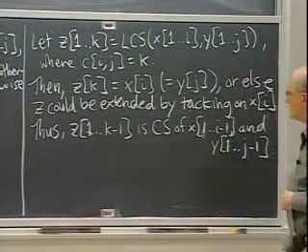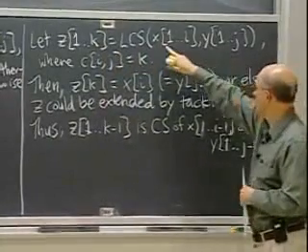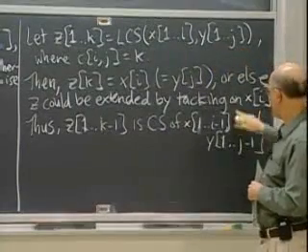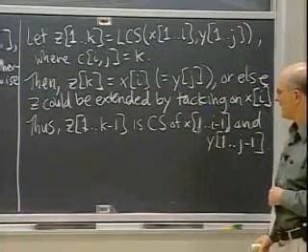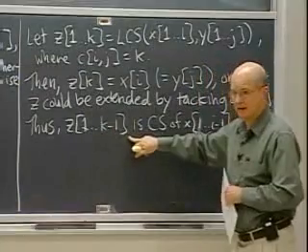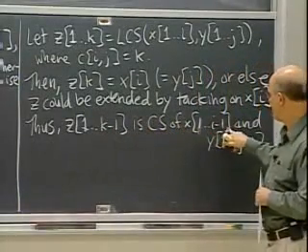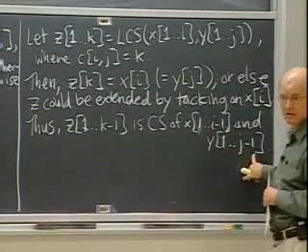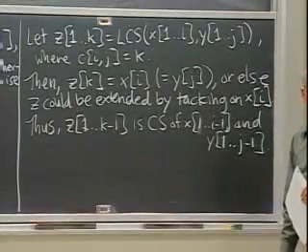Because z is a longest common sequence of x of 1 to i and y of 1 to j, and we know what the last character is. It's just x of i, or equivalently y of j. Therefore, everything except the last character must at least be a common sequence of x of 1 to i minus 1 and y of 1 to j minus 1. Everybody with me?